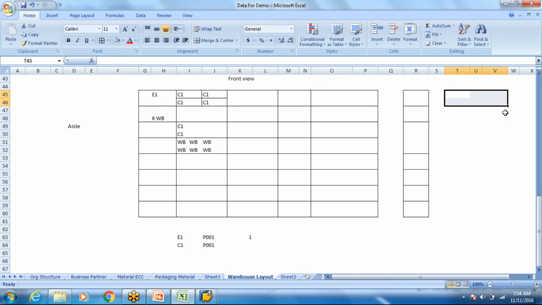So this will be P2 kind of bin, where you can store 6 C1, 2 E2s. I'm just keeping the bin dimension the same. So if C1 comes, how many will I store? 4. And if WB comes, how many will I store? 6. Okay, is it clear?